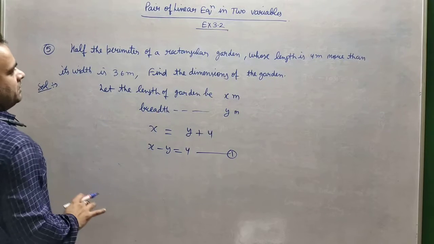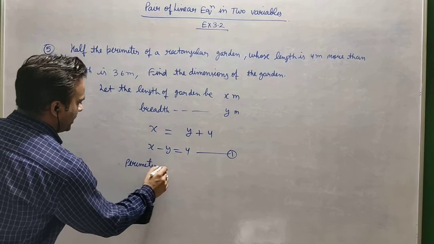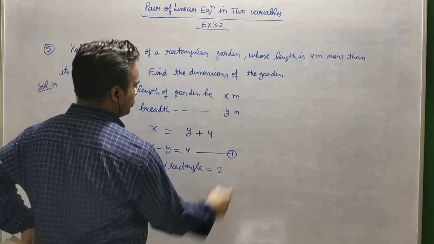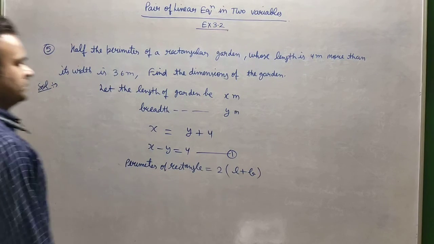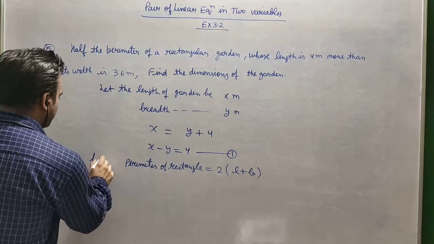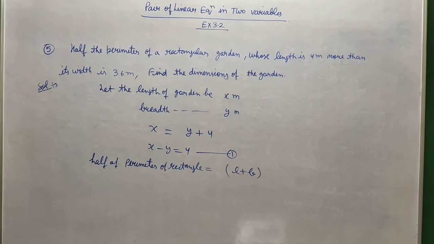Now half of the perimeter. So what is the perimeter? Perimeter of a rectangle is equal to 2 times L plus B. Right? And we have to take half. So half of the perimeter of a rectangle, we will not take this 2.